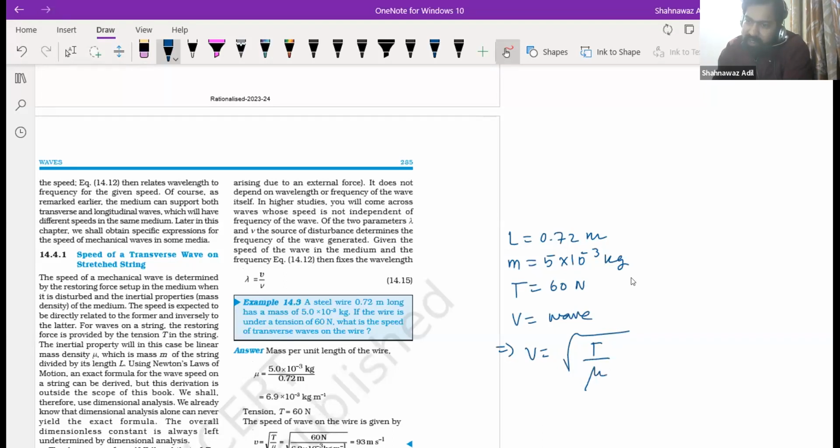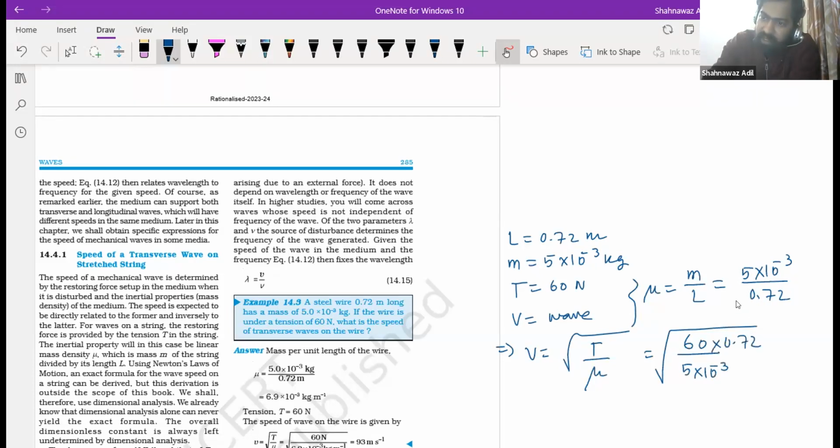So we have to first calculate the mu. Mu is mass per unit length. So mass is 5 into 10 to the power minus 3, and then length is 0.72. So this is mu. So tension is 60, and then this is 5 into 10 to the power minus 3, and then 0.72.